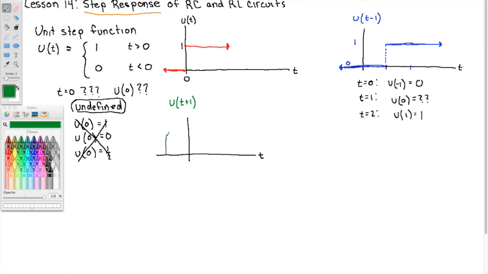So if we plugged in values of time, we would see the discontinuity happens here at 1 unit. And so we'd have 1 and 0 here. Okay, so these are shifting the independent variable around.